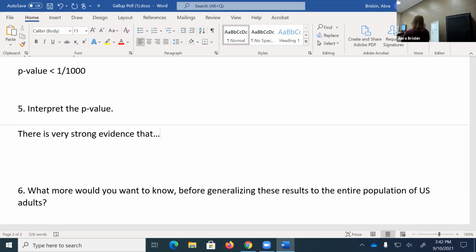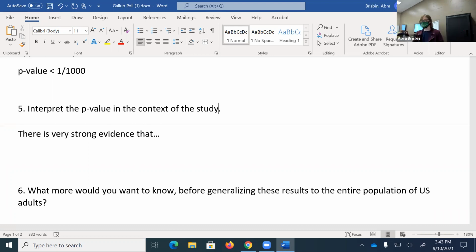If the question asks you to interpret the p-value in the context of the study, then you would want to take that a step further and say what the alternative hypothesis was, like in words from the study.